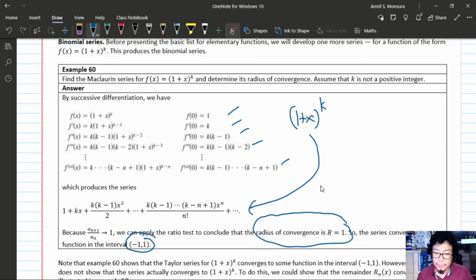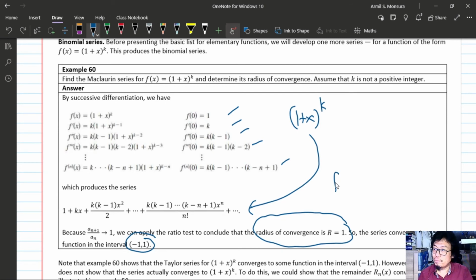This is actually useful for functions containing radicals, because this binomial expansion would actually work for fractional values of k.